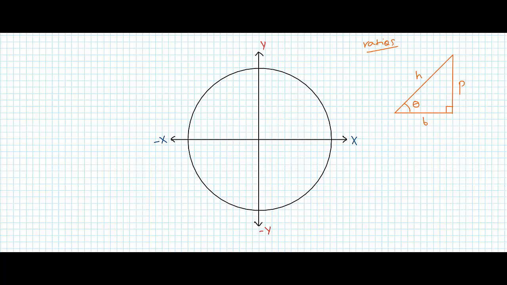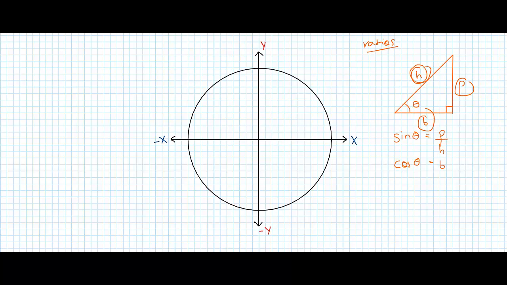So as per our standard trigonometric ratios definition, the sine of this angle theta is written as the ratio of perpendicular upon hypotenuse. So that becomes P by H. The cos of this angle theta becomes the base divided by the hypotenuse.